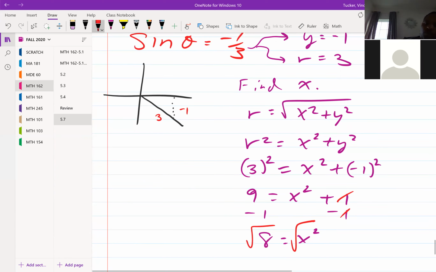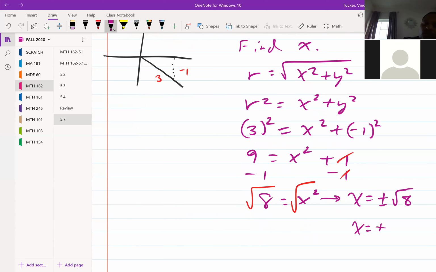X is equal to plus or minus square root of 8. And then when you finish that off, you should have 2 square root of 2.